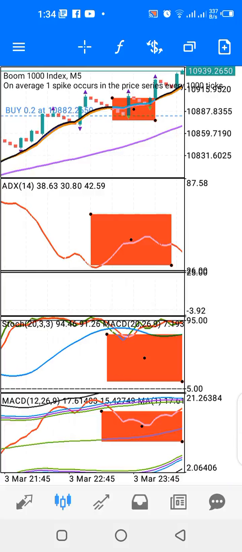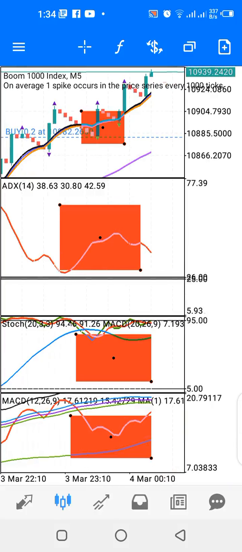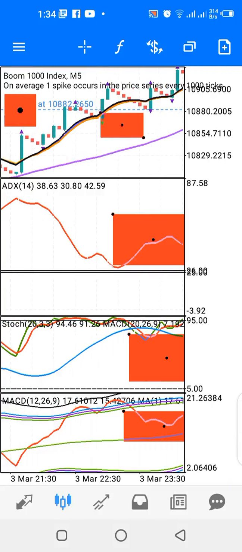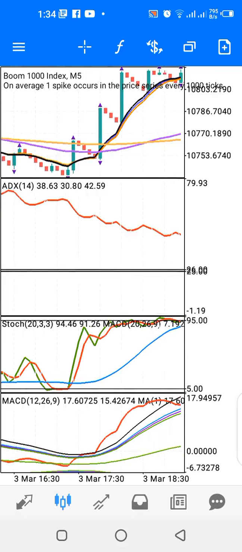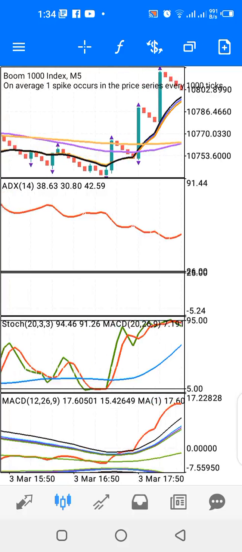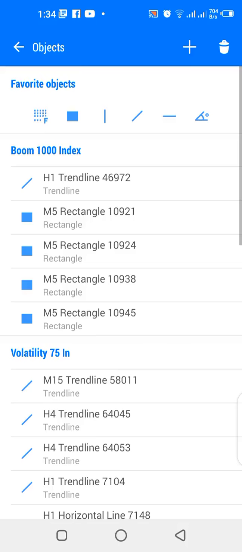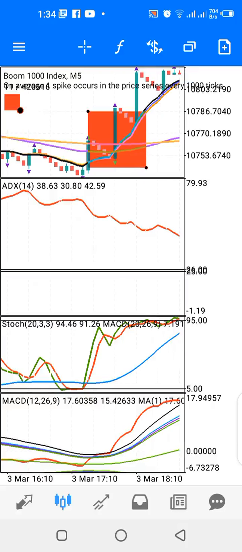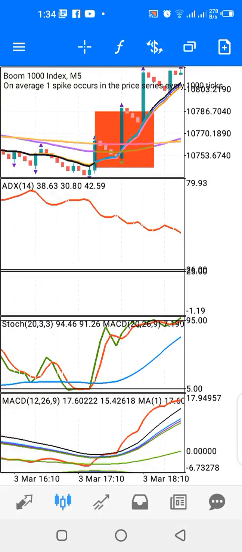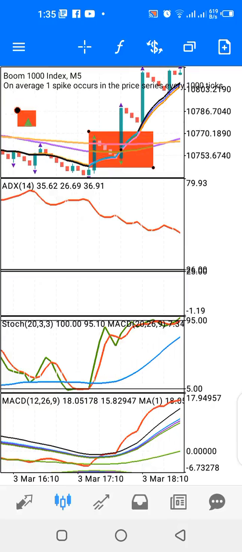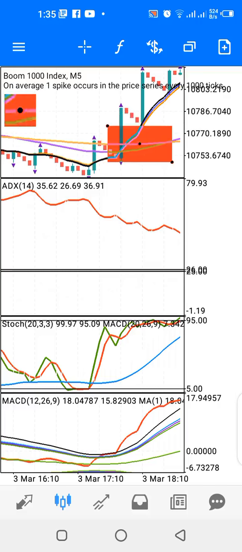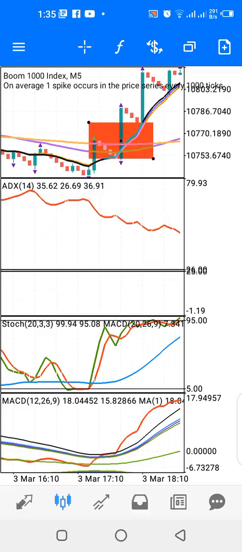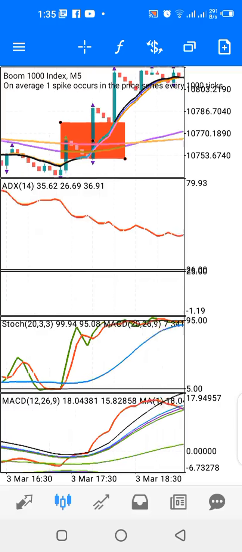Now if we go to the main chart, the way the strategy works is, if we scroll to this particular point, we have a crossover happening around here, where price spikes up above all moving averages to inform me to buy.